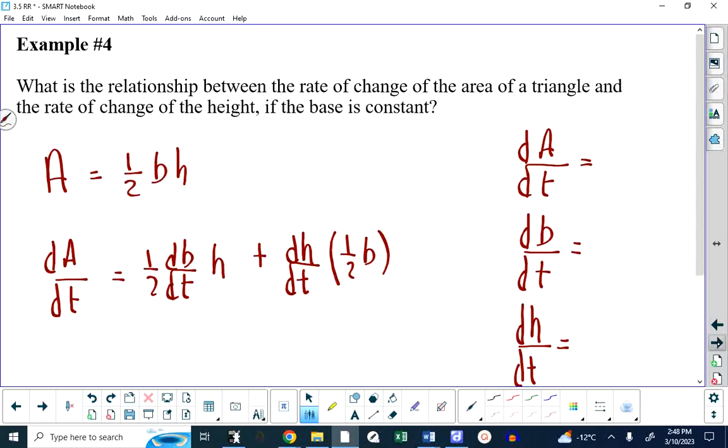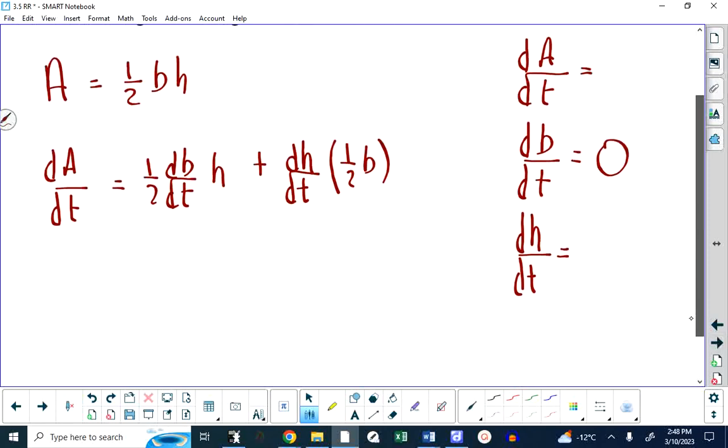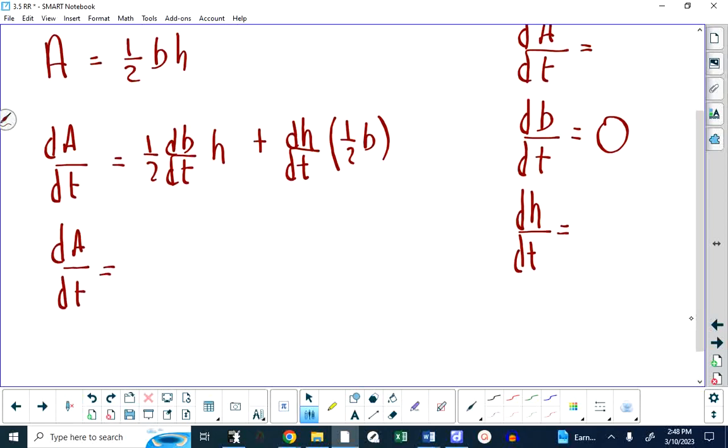It's 0. We actually know it. I know most of you looked up there and said, well, I don't have any numbers, but it says the base is constant. So if the base is constant, this is 0, but that means that dA/dt is 1/2 b dH/dt.